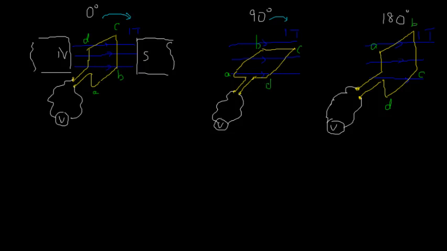The size of the flux here is B times A, where B is the 1 Tesla, and A is the area of the coil. Now, when I'm here, the area is again perpendicular to the field, even though it has rotated by 180 degrees. So the flux here is again BA. That's the magnitude of the flux.